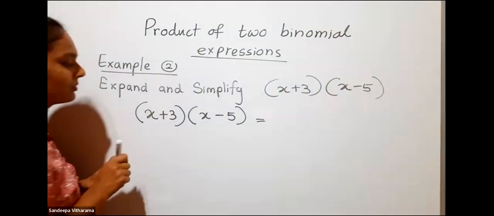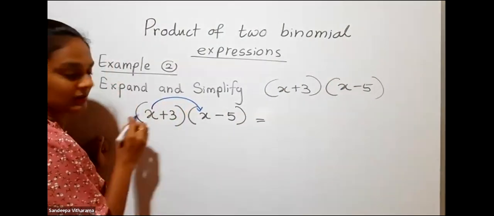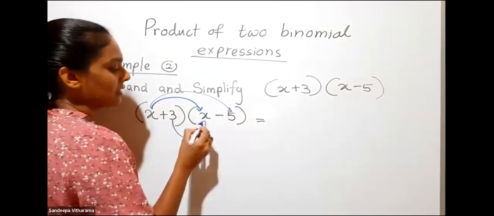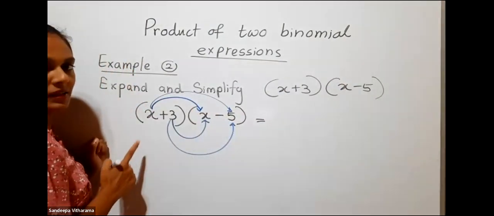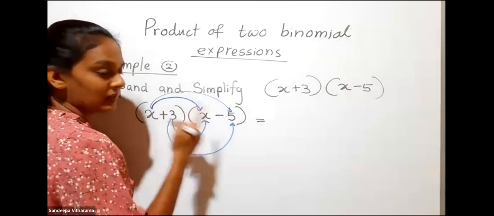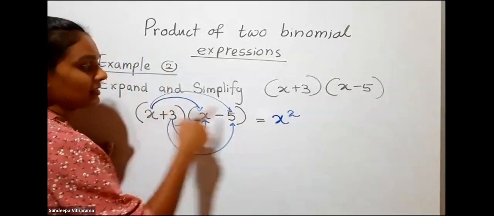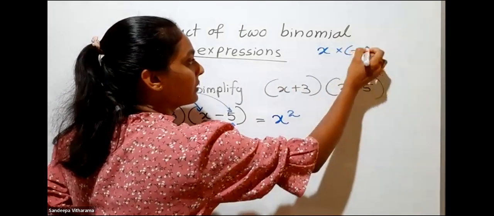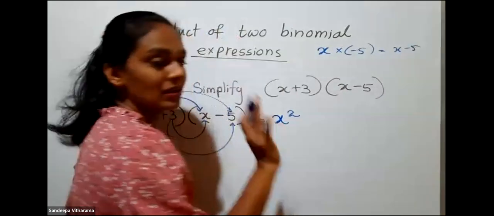We have to multiply first term by first term, then first term by second term, second term by first term, second term by second term. Look at x into x. It is x squared. Then x into minus 5.